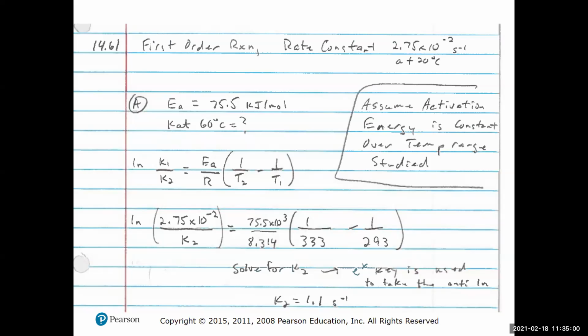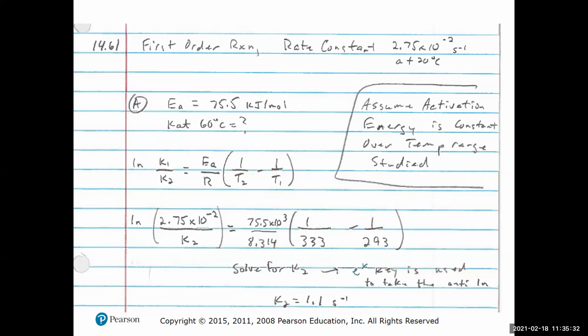So now we do that. We've got our units right. We've got our temperature in Kelvin. We've got our activation energy in joules. So we've done that. We go ahead and plug in that rate constant that we were given. And now we just need to solve for the other rate constant. Here's where we remember we're working in natural log of this.